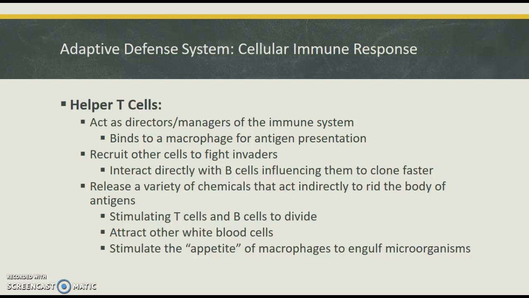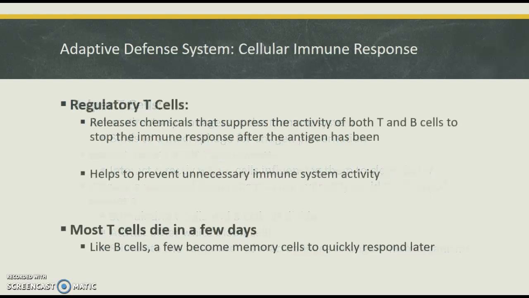Basically, these cells are the ones that figure out what's going on, and they start the immune response because they have learned about the antigen from the macrophage. So once this helper T cell is like, all right, I see it, we definitely need to start our immune response, it's going to stimulate B and T cells to divide and also attract other white blood cells to allow them to really try to ingest any foreign invaders.